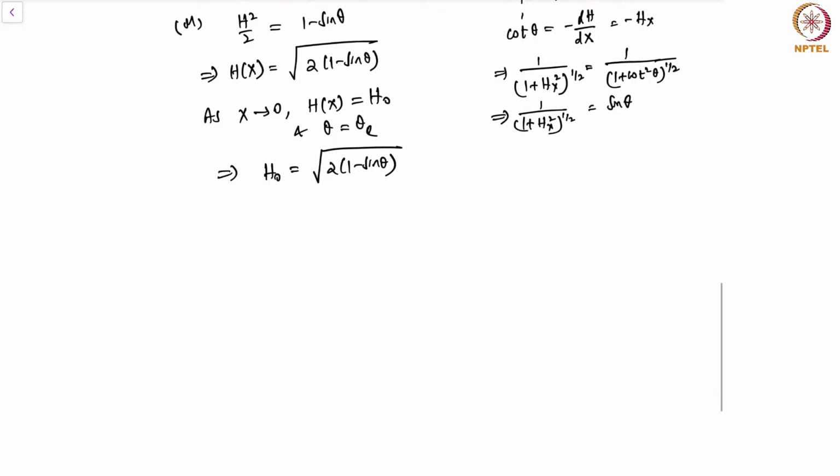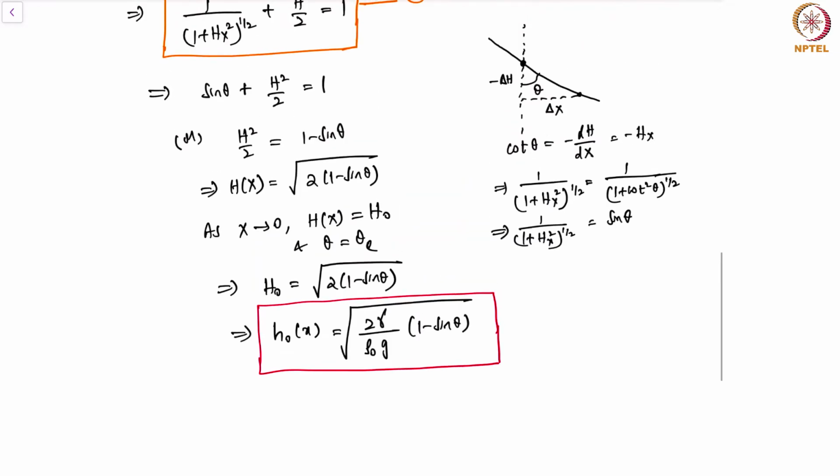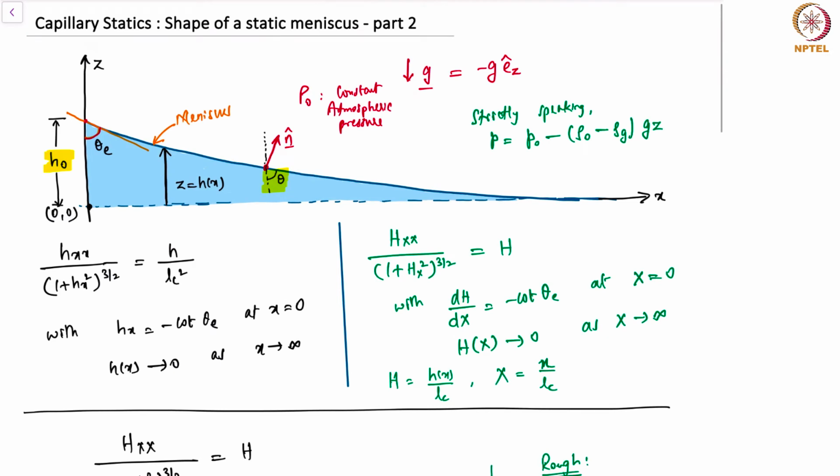I can also write this in terms of the dimensional height, and that dimensional height is h naught of small x, essentially becomes square root of 2 gamma by rho naught into g times 1 minus sine theta. So we now have the height to which the fluid has risen.